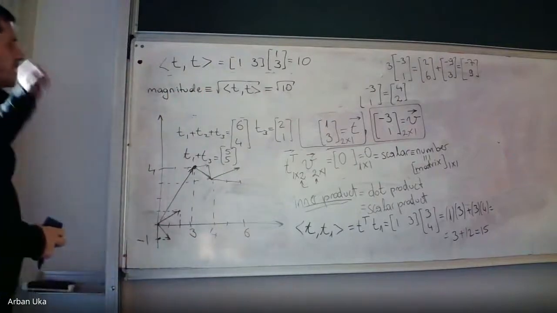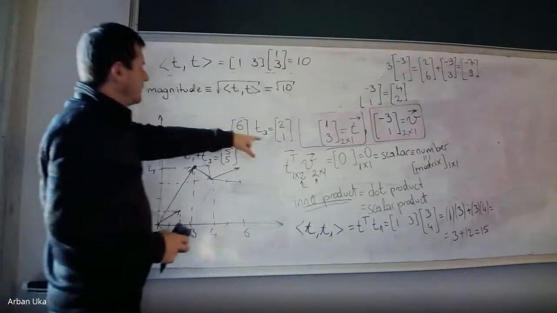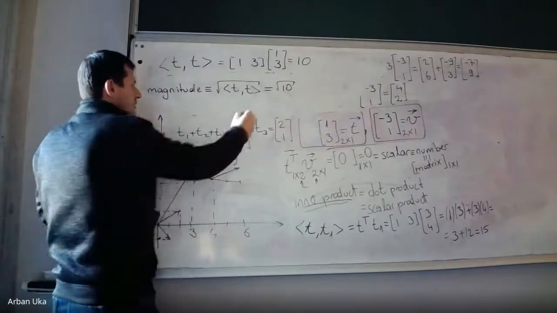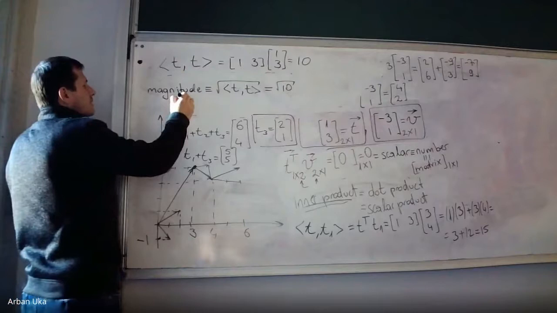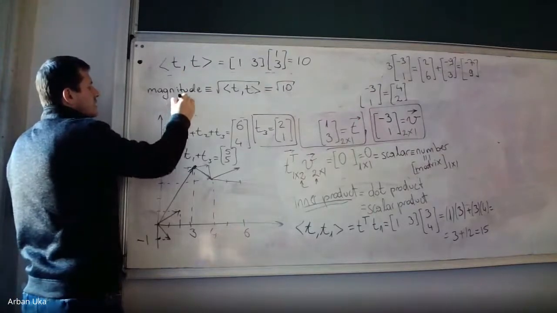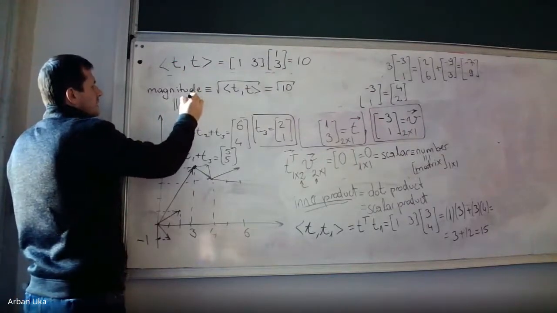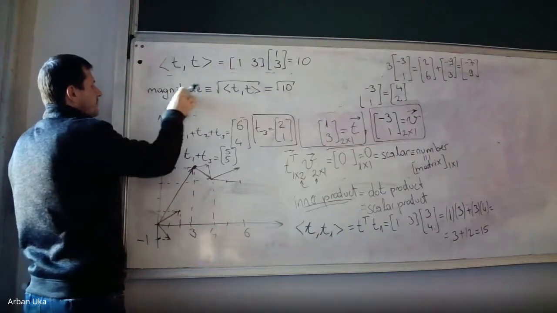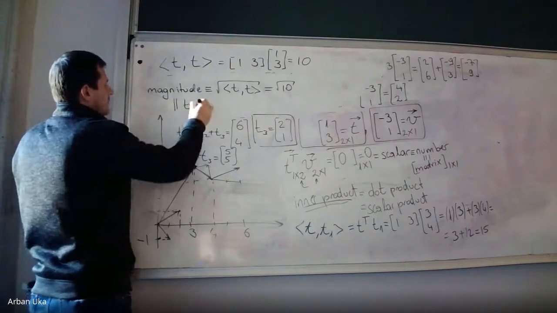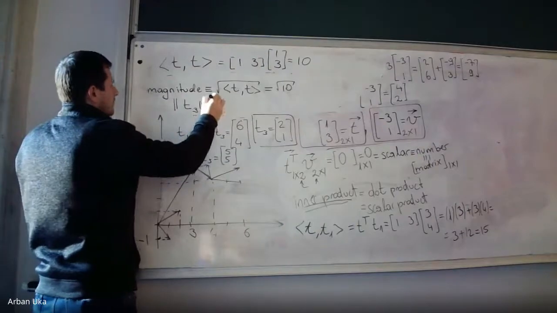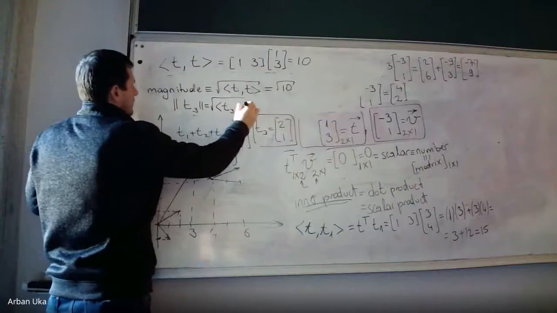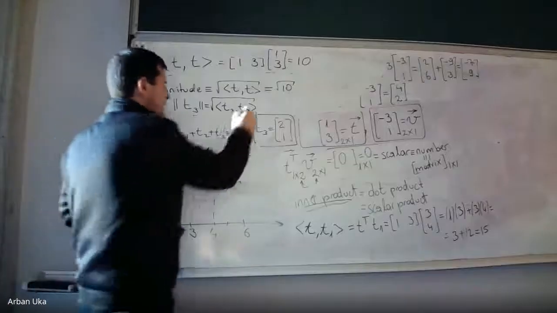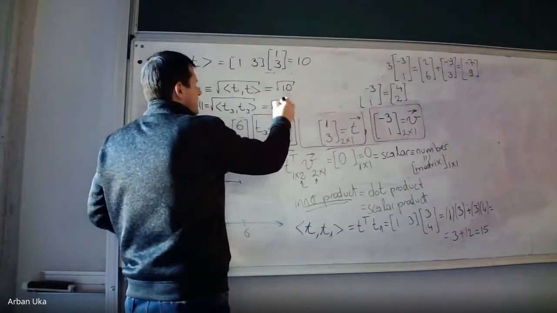Now, what is the magnitude of T3, this T3 which is here on the board? We can denote this like this, actually. Square root of 5. Thanks. This is the square root of 5.